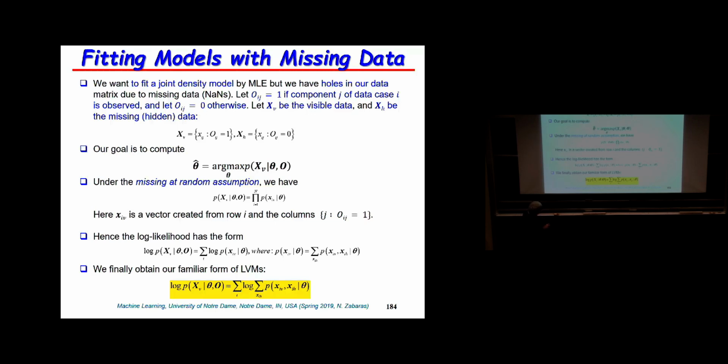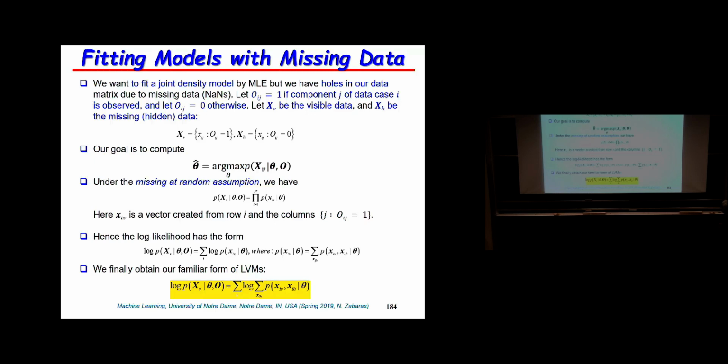So how do we use the EM algorithm? The idea is very simple. Think of a row in the data matrix, let's say the row I, and I'm going to write the distribution of x_i^v, the vector of all the visible variables in that row, to be basically an integral that averages over the hidden variables. Right, you say, I don't know the rest of the values, so I'm going to integrate them out. These are the values I wish I knew, but I don't know what x^h is, right?